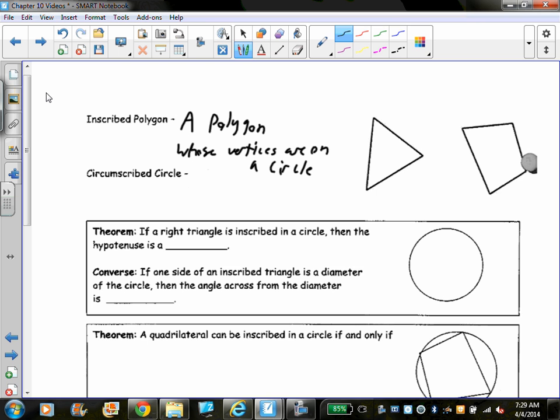So circumscribed circle is the circle that the polygon is inside of.